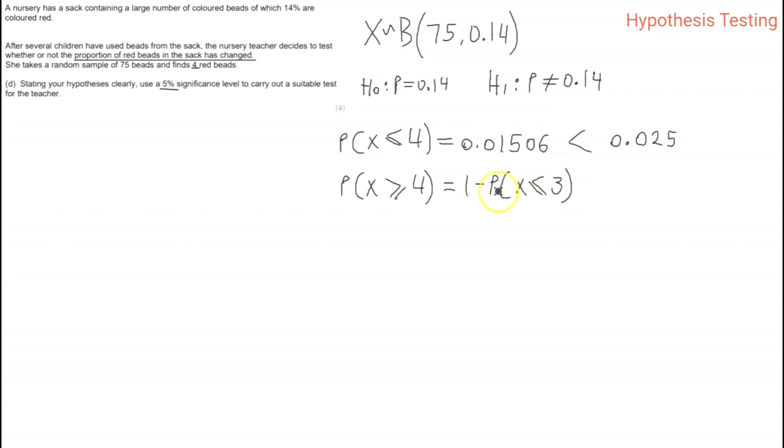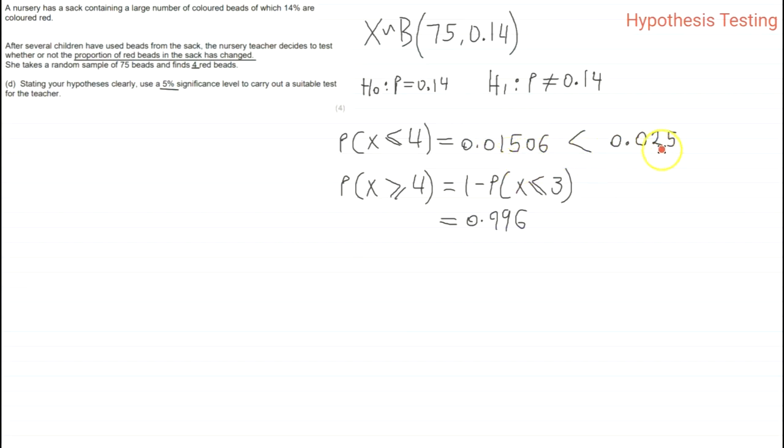This would be a very, very large number, and it actually turns out to be 0.996, I believe. So this is quite a big number, obviously a lot bigger than 0.025. But in some questions, you'll have to look into both tails and see which one, if any, is actually in the critical region, as we call it.